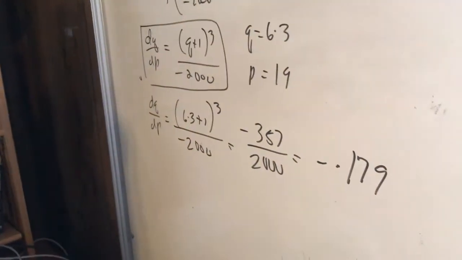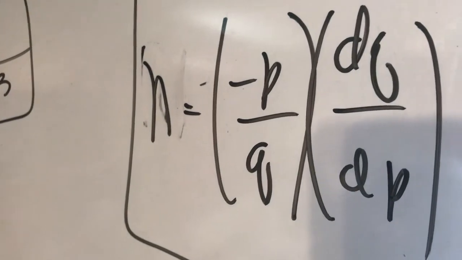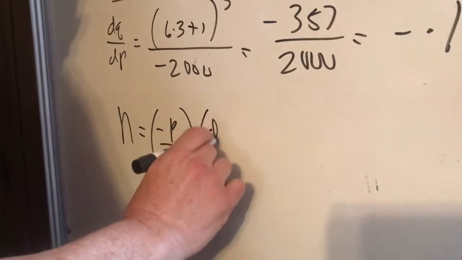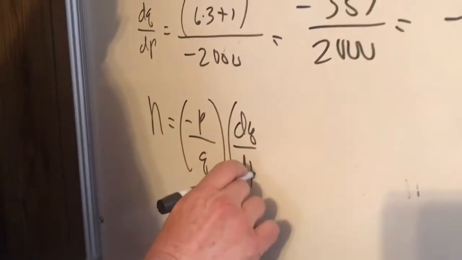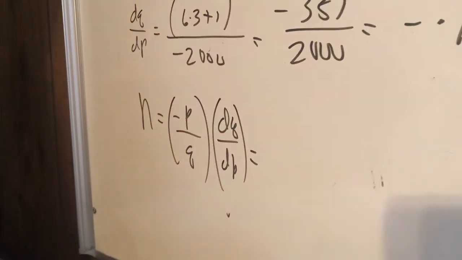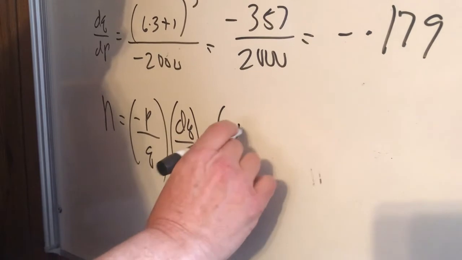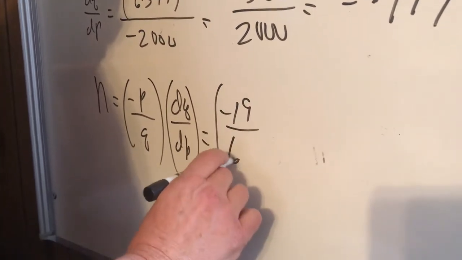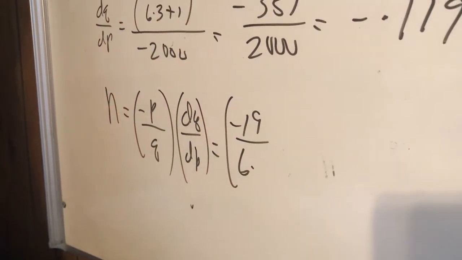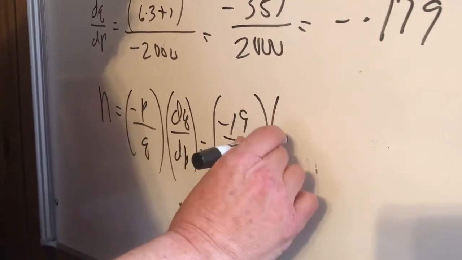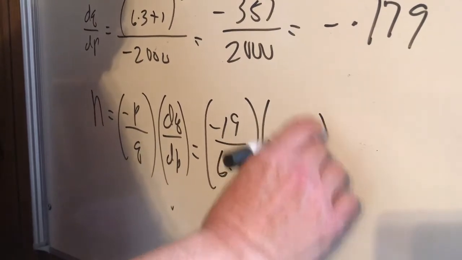Now I still don't have the elasticity, because the elasticity equation says it's going to be minus p over q times dq/dp. So we have to use, p was 19, q was 6.3, and dq/dp is minus 0.179.